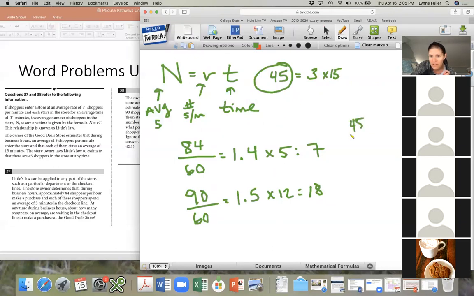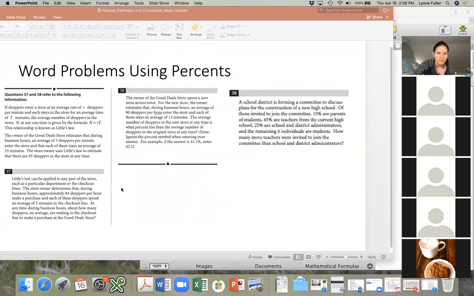So it'd be 45 minus 18, which is 27, and then that number divided by the original number, because it's the difference in shoppers divided by the original. So 27 divided by 45 means that it was a 60% change between them. So that would be it.